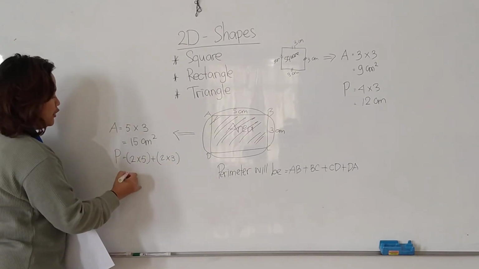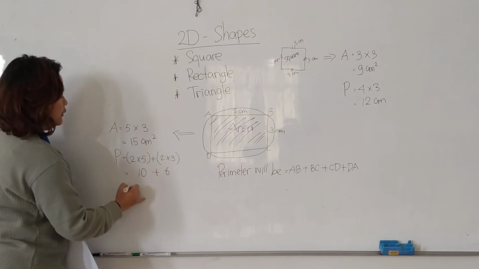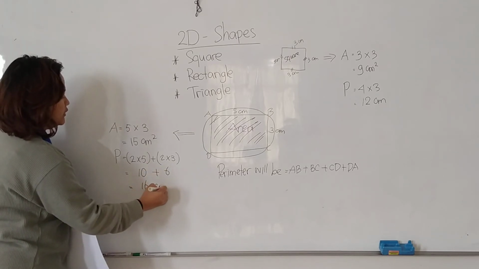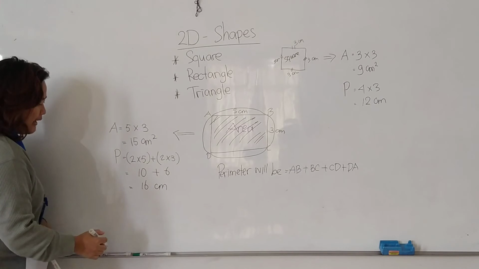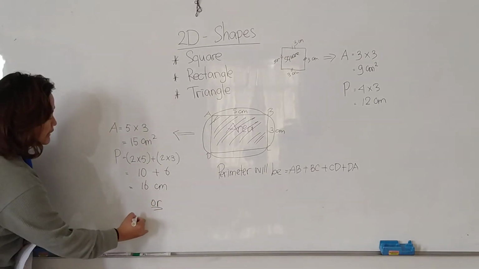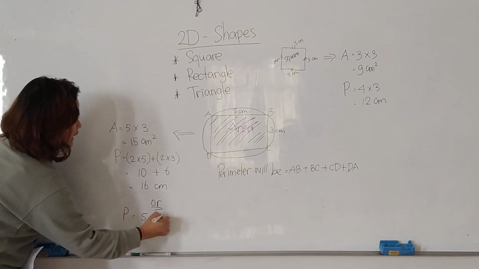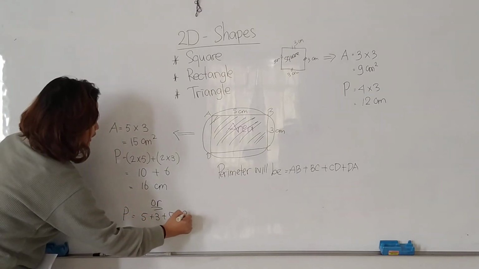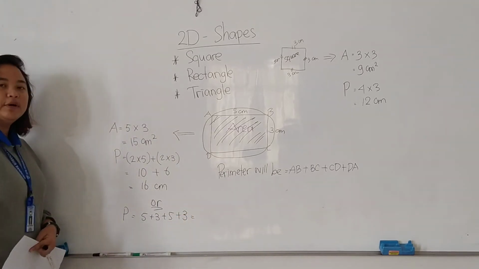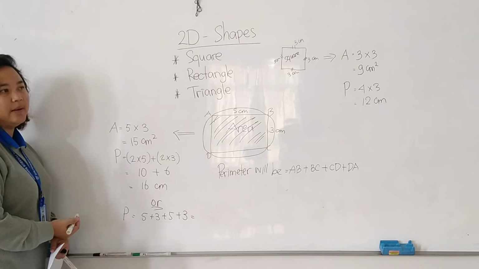Or you can also do something like 10 added to 6 equals 16 centimeters. Or for the perimeter, you can find it by writing 5 add 3 add 5 add 3.